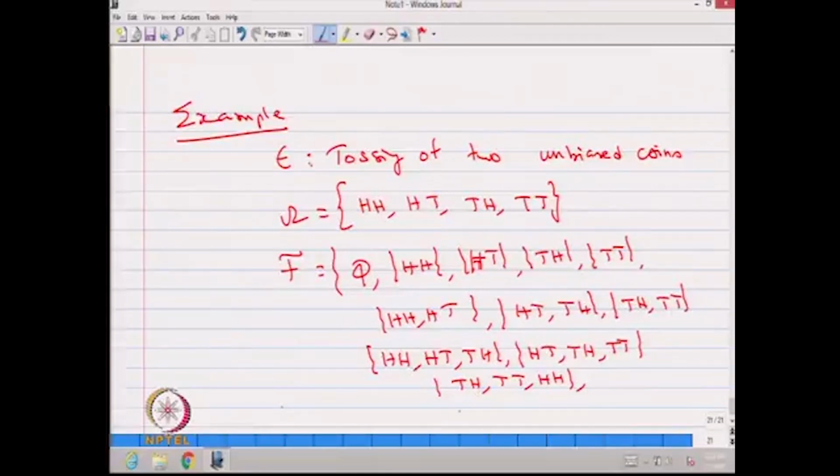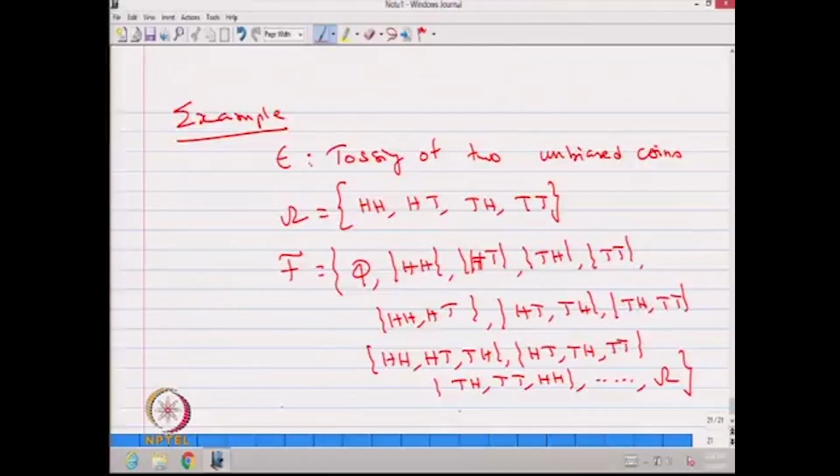So, the largest sigma field consists of 16 elements. Instead of writing other elements, I am just putting dot dot dot. You can fill up all the other elements.